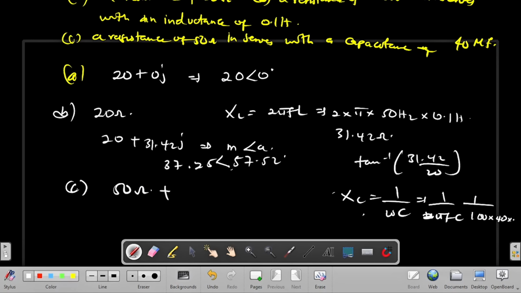So we can simply say 10 to the power 6 over 100 pi. So what do we get?